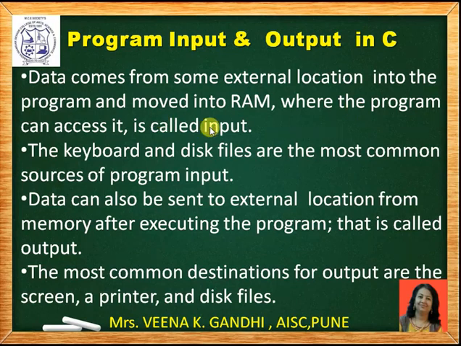It's called input. The keyboard and disk files are the most common examples of program input. Data can also be sent to an external location from memory after executing the program. It's called output. The most common destinations for output are the screen, printer, and disk file, etc.